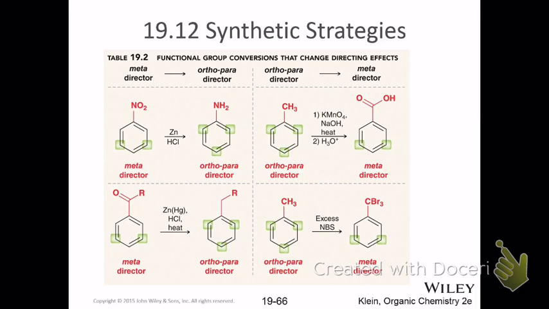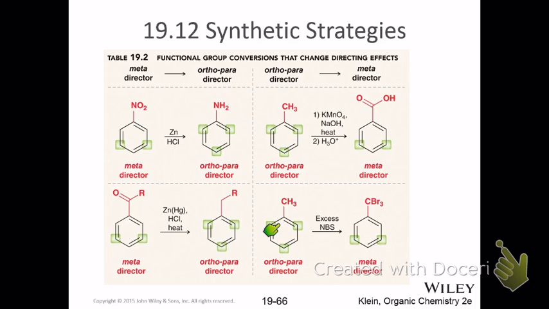You can go the other way. These are ortho-para directors. You can use permanganate under basic conditions, or you can use dichromate or chromic acid, Jones reagent, and you can make an ortho-para director into a meta director. Or you can do bromination, allylic, or rather benzylic, right?